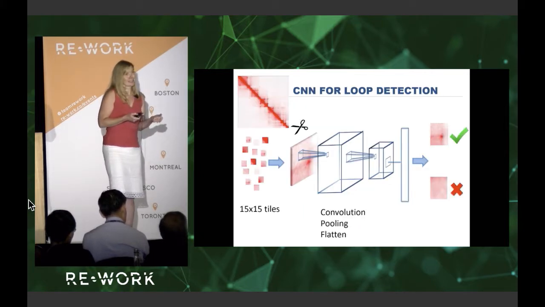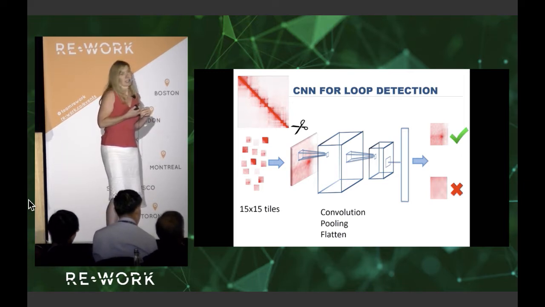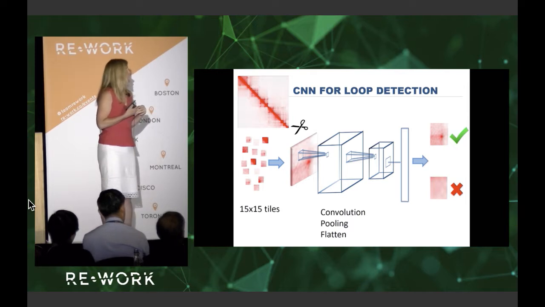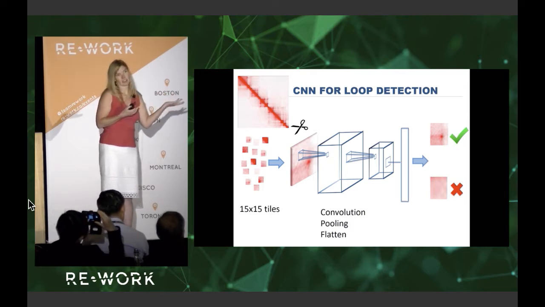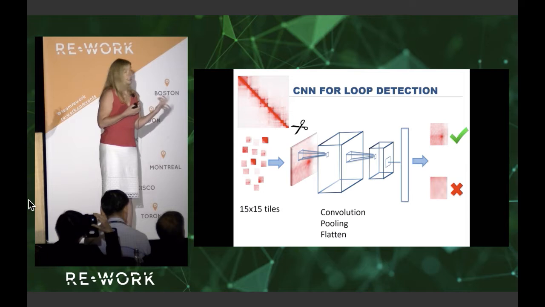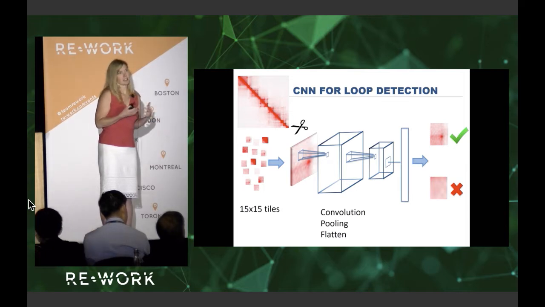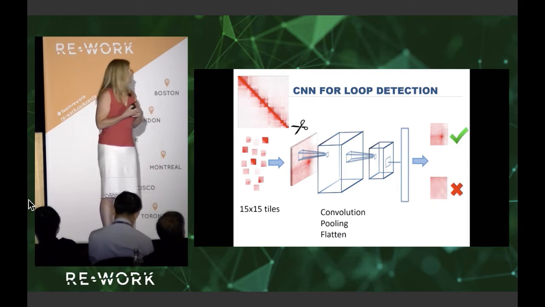Now we're doing a convolutional neural network for this. We're doing something very simple right now. We've just taken something off the shelf and applied it to our data. So what we're doing is taking our data, which in this case is just a chromosome heat map at a certain resolution, binned at 5 kilobase resolution, chopped up into 15 by 15 tiles, and then we do convolution, pooling, flattening, et cetera.